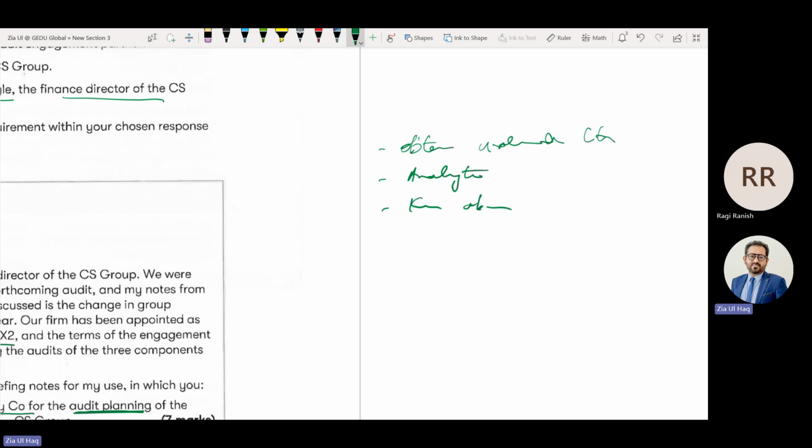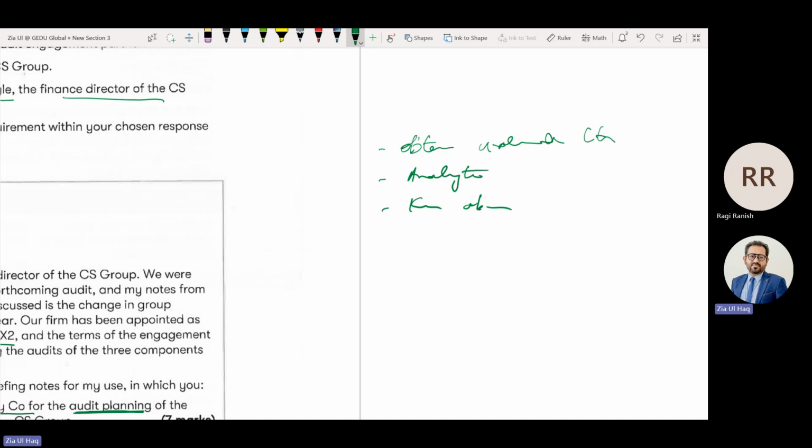Framework means law and regulation and accounting standards required for the company, to see whether they are accounting according to IAS, IFRS or not. But we don't need to differentiate individual and consolidated separately. We need to write them combined.